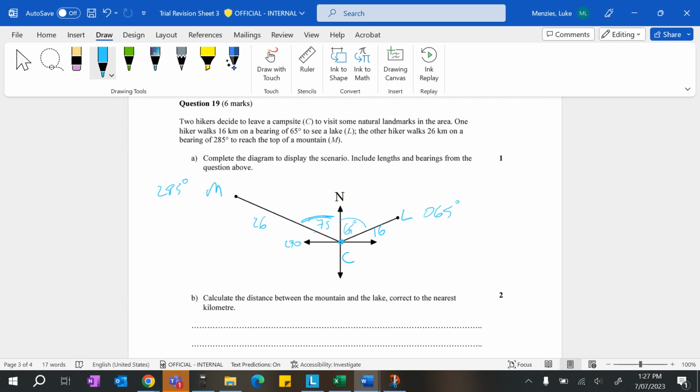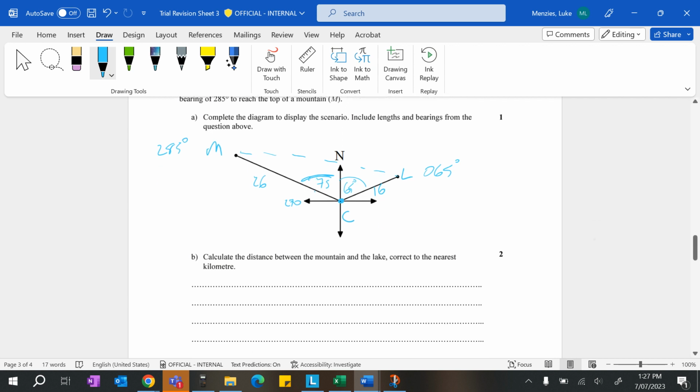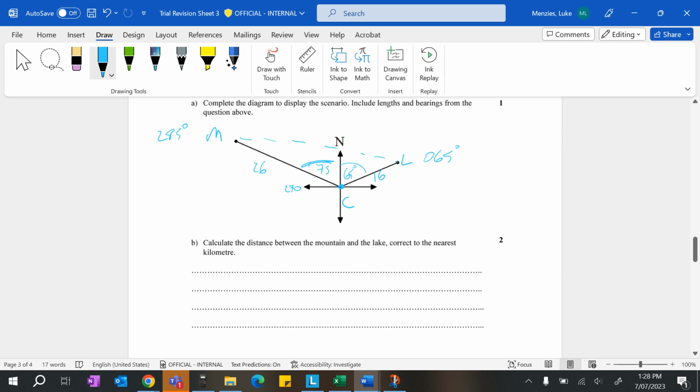Calculate the distance between the lake and the mountain. So we're trying to find this one here, and we're going to use the cos rule. Why? Because I have 2 sides and I have the included angle, which is a nice cos.